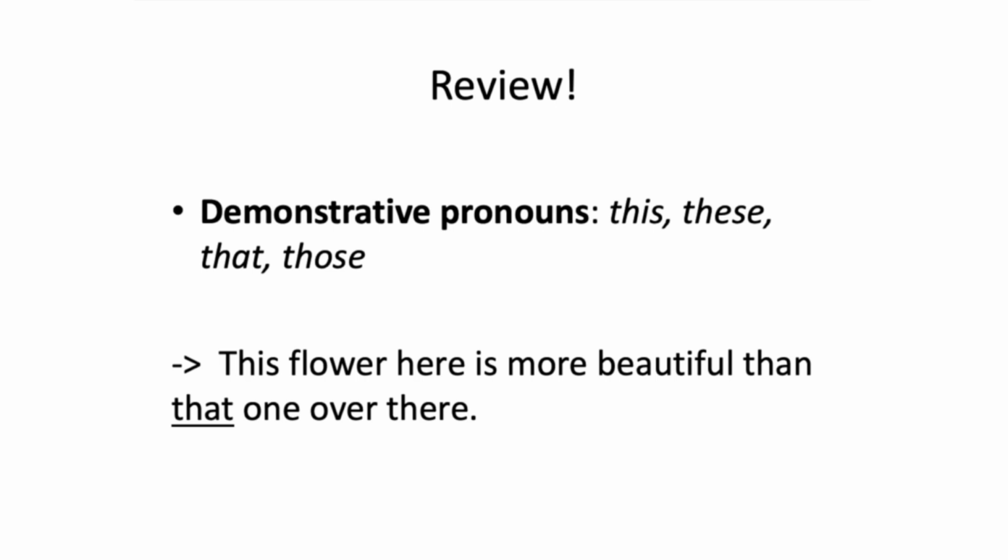We use the demonstrative pronoun that because the flower is far in distance to the speaker. The pronoun that both refers to and replaces the noun flower. In the phrase, this flower here, this is not a demonstrative pronoun because it is in front of the noun flower. It doesn't replace it.